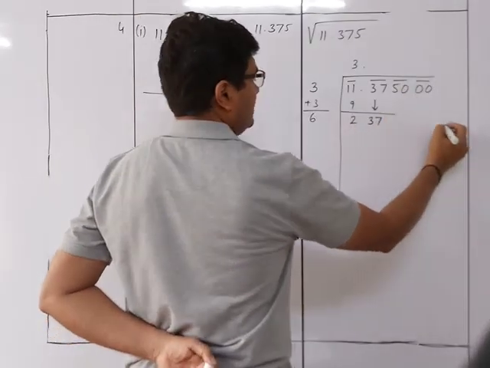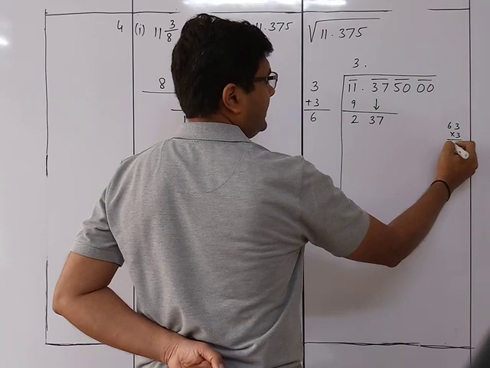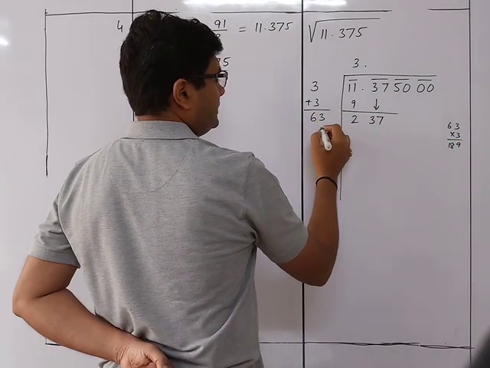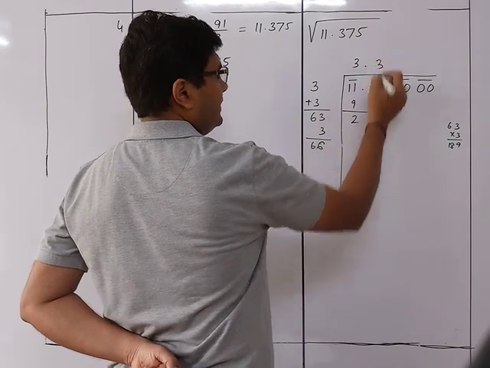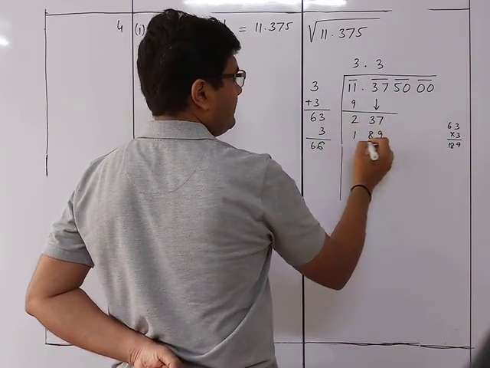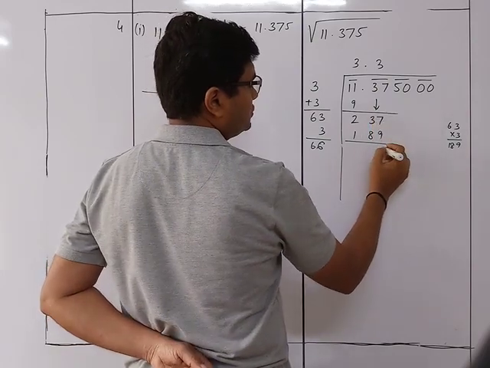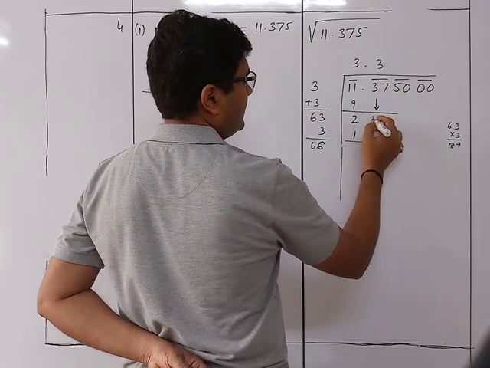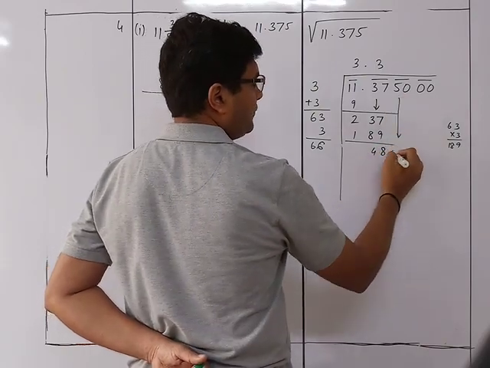So we'll take 3. So it will be 63 into 3. 3 3s are 9, 3 6s are 18. So 189. So 3, 3. This is 189. And then it should give me as 17. So 8 and 12. So 4. So 48, and then comes 50 here.